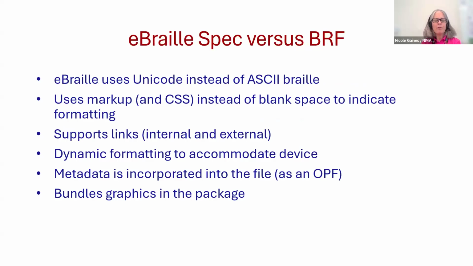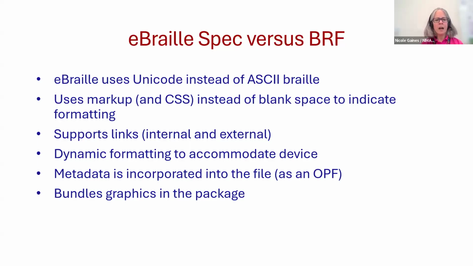So for folks who are familiar with the BRF format, which I think probably everybody participating today is, but to underscore some of the differences: eBraille uses Unicode instead of ASCII Braille. One advantage of Unicode is that it always means the exact same thing.